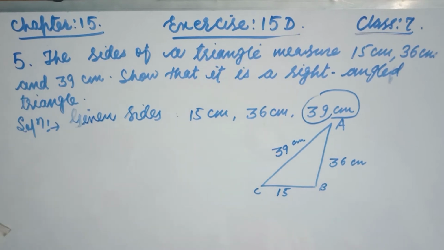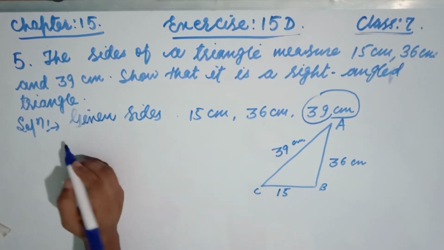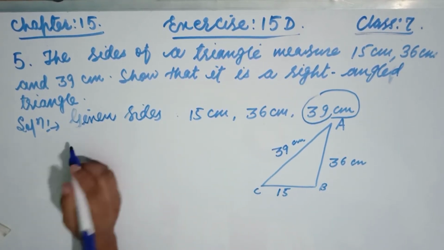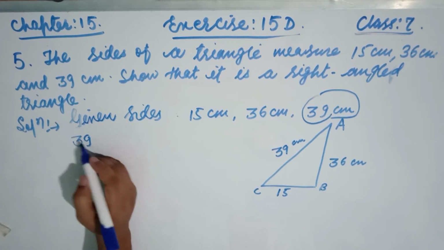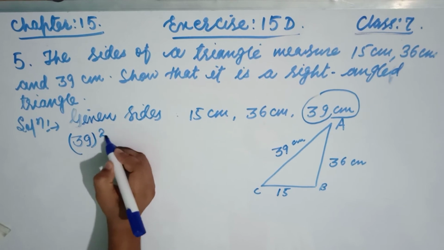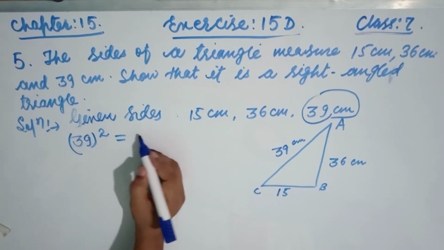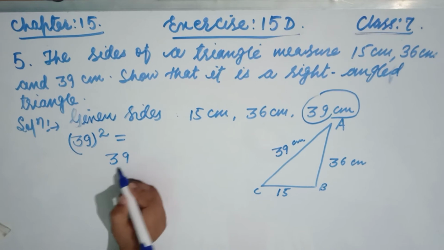Now first check the greatest side, suppose 39, and find the value of the square of 39. Here, friends, 39 square. Now what is the value of this? Multiply 39 by 39.